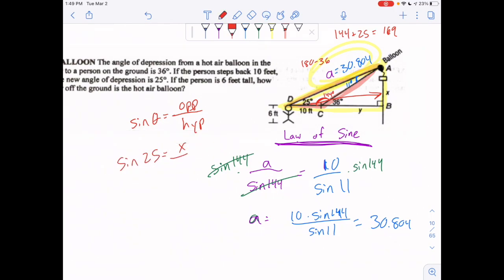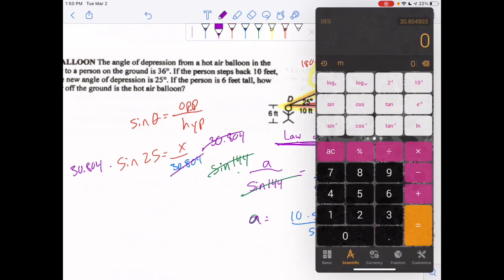Your hypotenuse is that 30.804. Solve for x. Cancel, cancel. Plug that in. 25 sine times 30.804. That gets you 13.01 for your x.